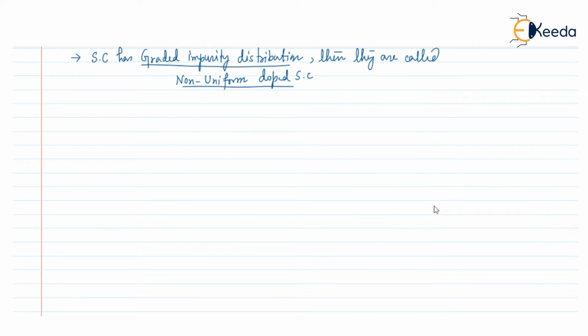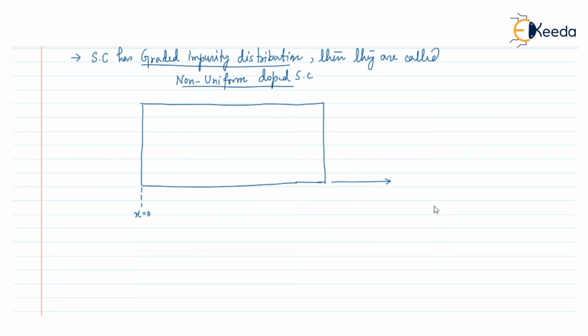For that, let us take a semiconductor bar like this. This point is x equals 0, and I am denoting this axis as x, the length of the semiconductor.